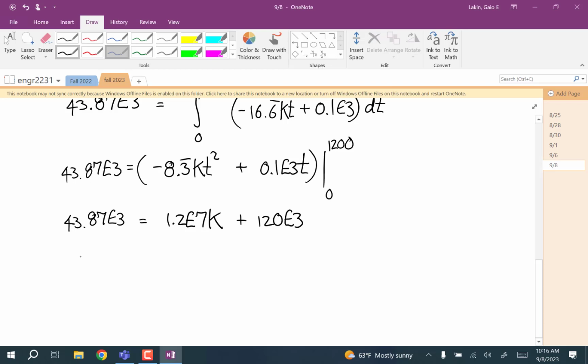Negative 76.13 is equal to 1.2 times 10 to the 7 k. And so what do you get for k? Negative 6.34.